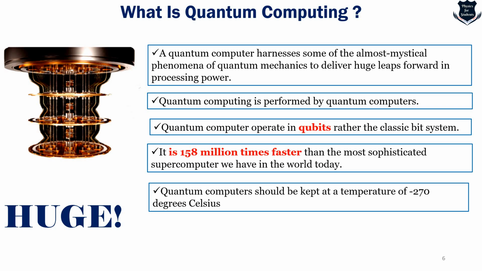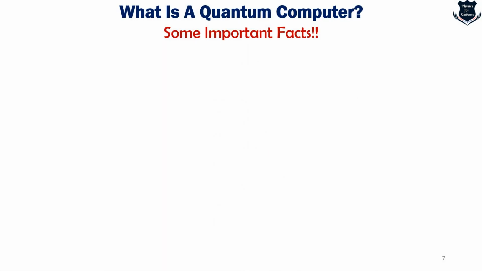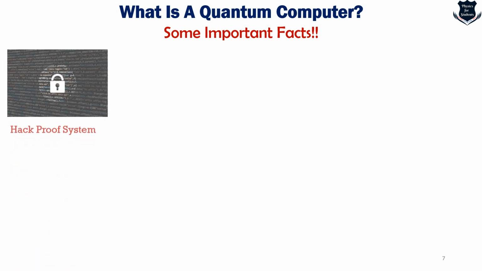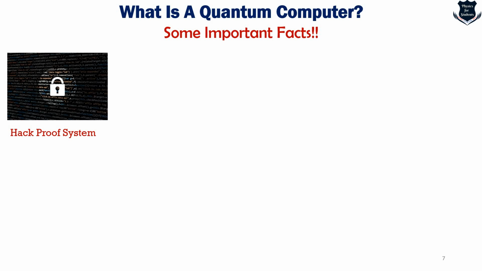Now, apart from these features that I told you about quantum computing, there are certain very important, fascinating facts I'm sure you're going to enjoy. The first thing, as I started the video, is that quantum computers can solve problems that are impossible or would take traditional computers an impractical amount of time.